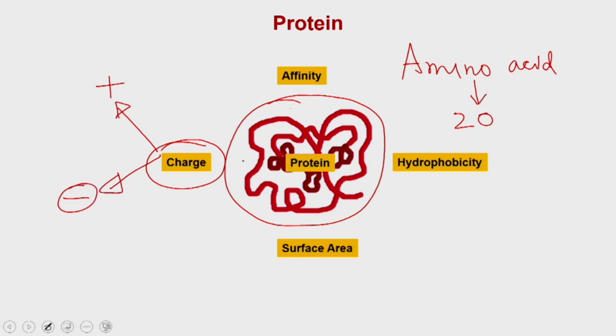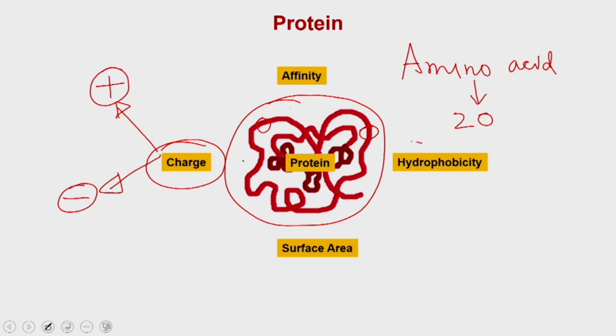Not only the charge, but the distribution of these charges on the protein may also vary between two different proteins, and accordingly their distribution on the matrix could also be different. So, the charge is one of the properties which can be exploited for chromatography.